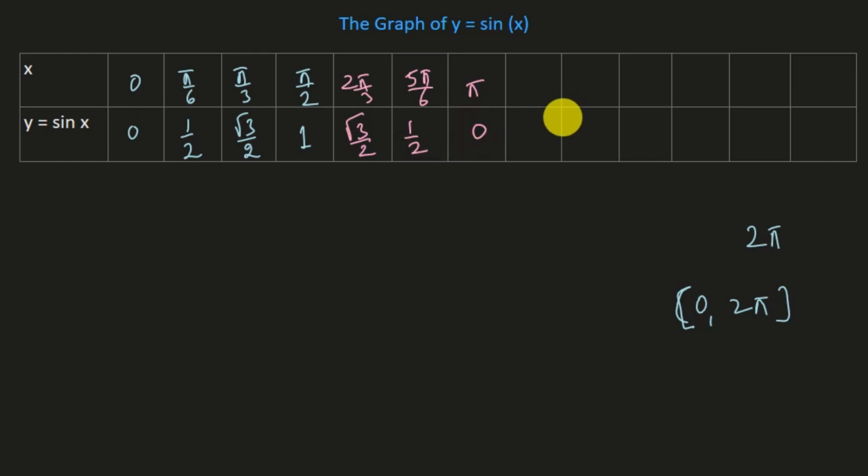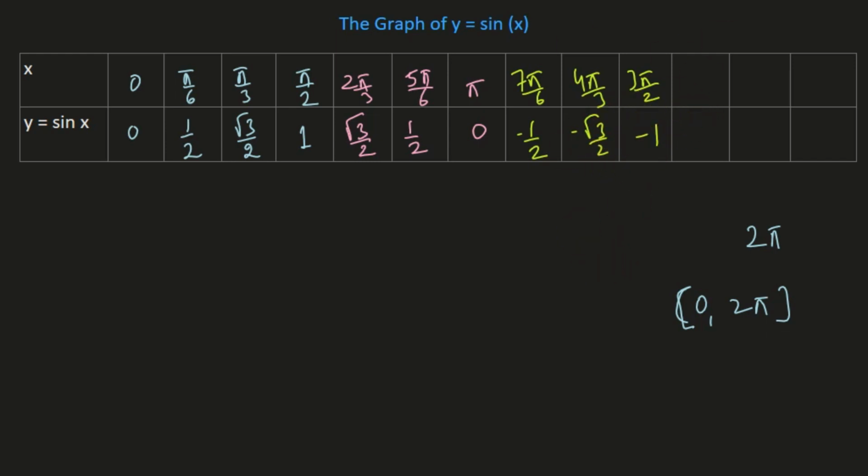Next we can take 7 pi by 6, then 4 pi by 3, and then 3 pi by 2. Here you will get negative 1 over 2. Now we have entered the third quadrant, so minus square root 3 over 2, then minus 1.